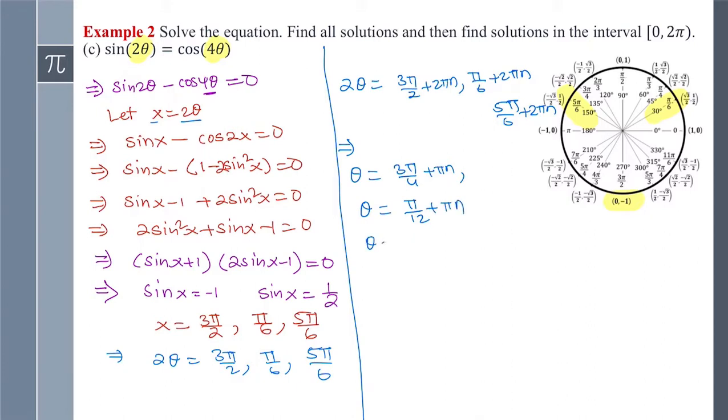And the third one, we have 5 pi over 6, so that becomes 5 pi over 12 plus pi n. So these are all solutions.